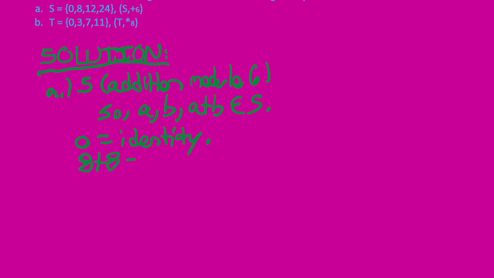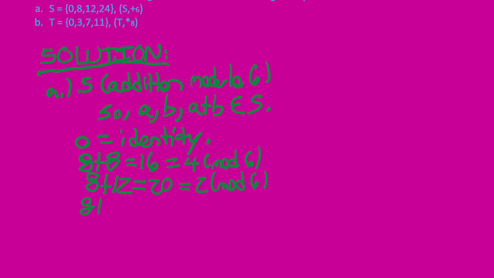8 plus 8 equals 16, which is 4 mod 6, because if you remember what congruence of integers is, it's basically that 6 divides 16 minus 4. 8 plus 12 is 20, and that's 2 modulo 6.